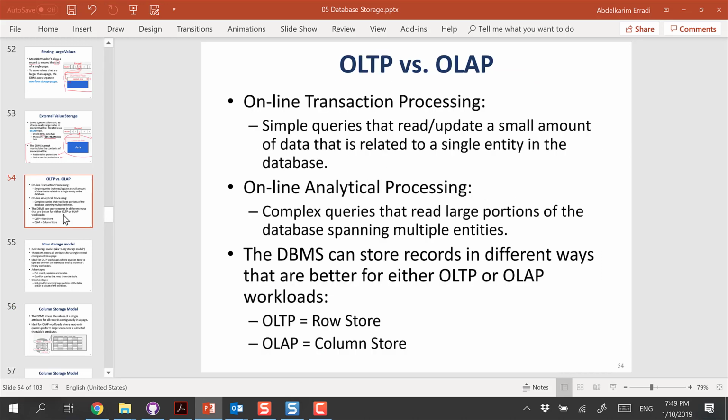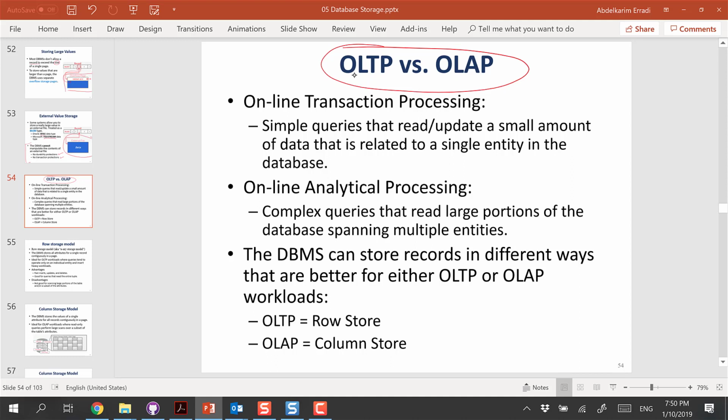Now, to understand this, you need to understand two major types of workload. In the database world, there are two types of workloads, or two types of database usage. There is online transaction processing and online analytical processing. Online transaction processing is for short, small queries that usually affect a small number of rows and usually touch one entity or a few entities.